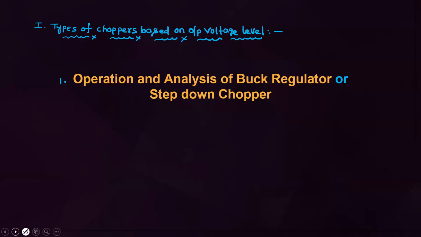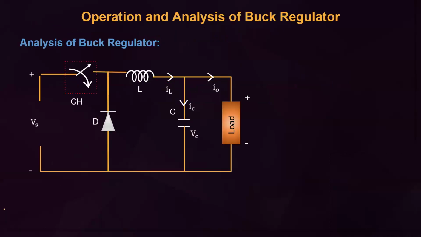First, we'll see what the step down chopper is. This is the circuit of the step down chopper. Before starting the operation and analysis, there are some points to remember here. Listen. This is the chopper. Here I use it as a switch only, but the switch may be any device. In problems, they don't only give a switch representation.